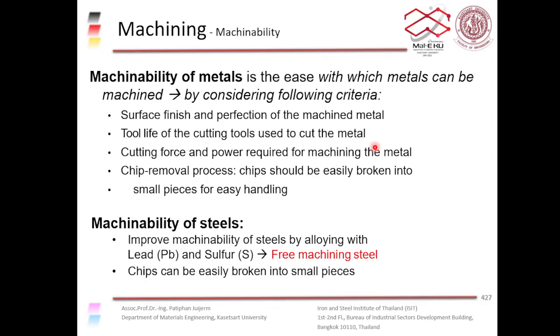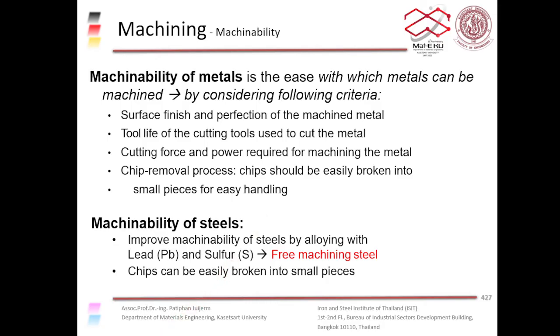You have to replace the tool much more frequently, etc. Right? Cutting force and power required for machining the metal. Material with good machinability doesn't require much cutting force and power. Chip removal process. The chips should be easily broken into small pieces for easy handling.